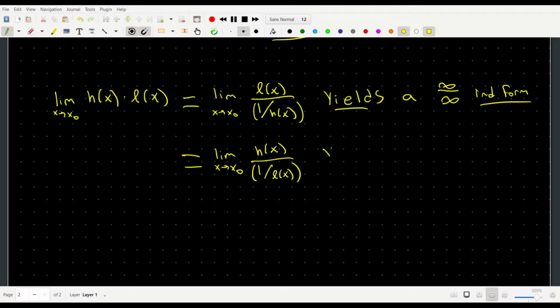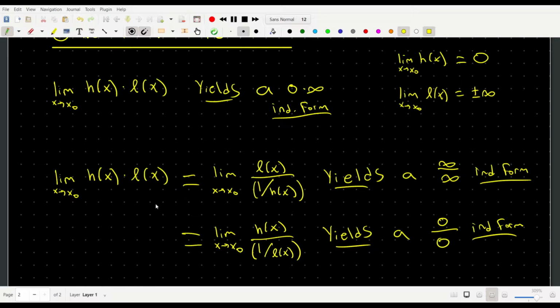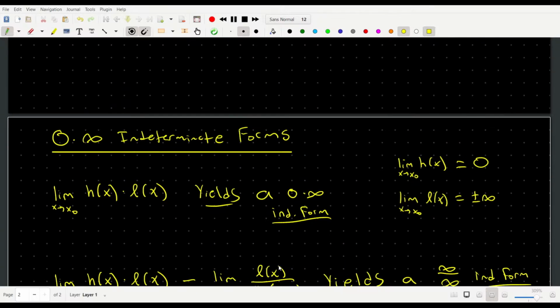Which again, right, this yields now a different type of indeterminate form. This is going to yield a 0 over 0 indeterminate form. But what's neat about this trick here, and it's really not a trick, it's just an algebraic manipulation, is that we've successfully turned what's a 0 times infinity indeterminate form into one of our classical infinity over infinity forms, or if we choose the second way of rewriting it, a 0 over 0 indeterminate form.